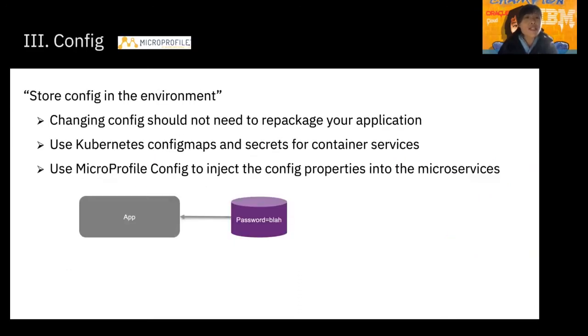So the third one is configuration. You should always store config in the environment. In this way, you can change your config without repackaging your application. You can use the cloud infrastructure, for example the Kubernetes ConfigMap or Secret, to store the config values, and then use MicroProfile Config to inject the values into your application.